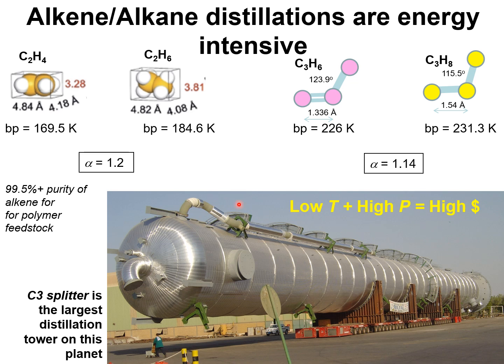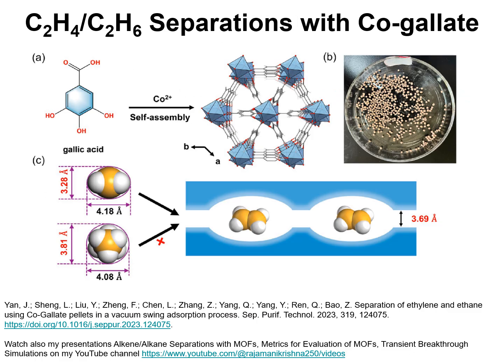So in MOF developments, this separation has been the target for the development of a suitable MOF as a replacement for the current distillation technology. Today, my presentation will focus on the separation of mixtures of ethene and ethane using cobalt gallate.